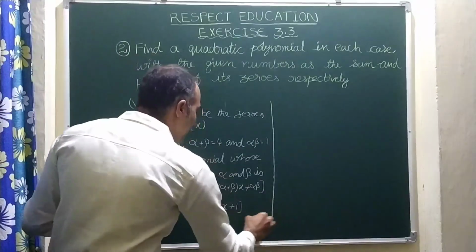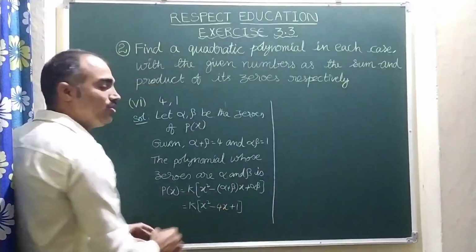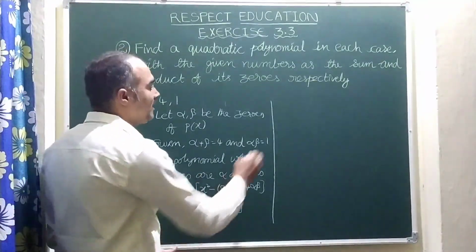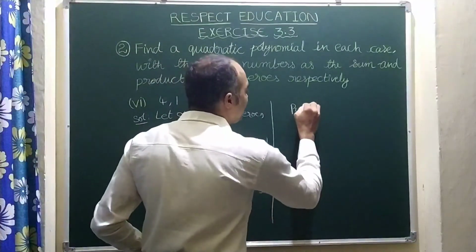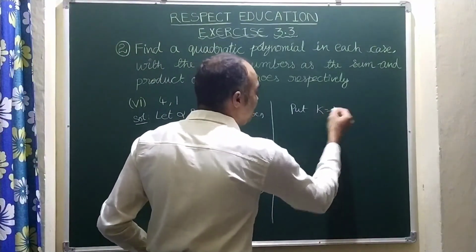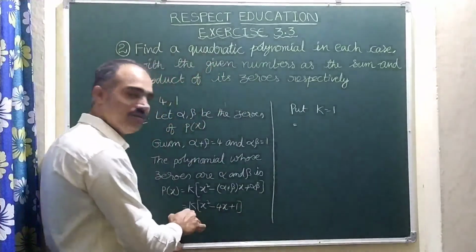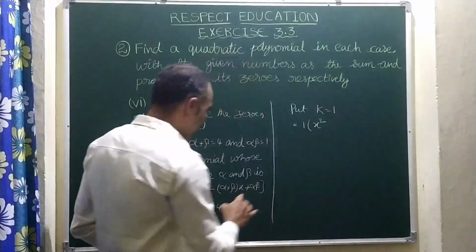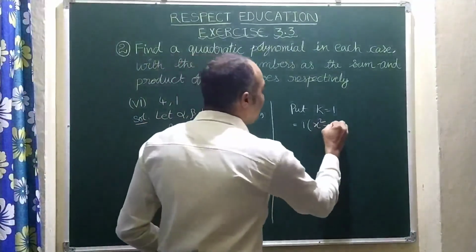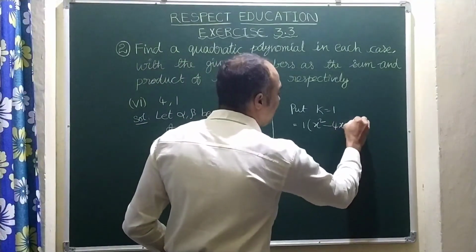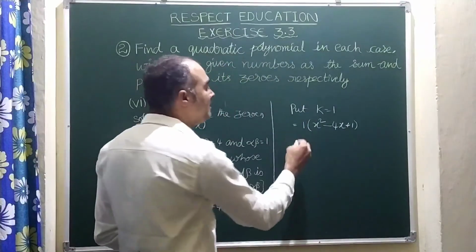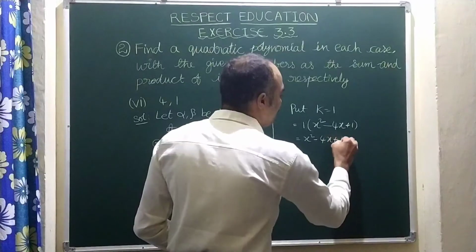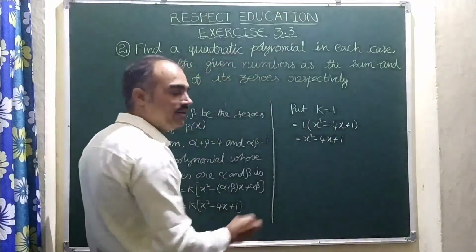Here you observe there is no LCM, means there is no denominator. In this case we are taking k equal to 1. So let us write here, put k is equal to 1. Then the required polynomial becomes 1 into x square minus 4x plus 1. 1 into anything is the same thing. So here you will get x square minus 4x plus 1 as it is.